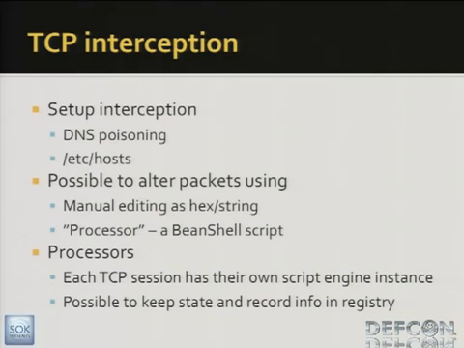You can write your own code in Java through the BeanShell integration, and basically each TCP session gets its own BeanShell interpreter. So you can keep state within a TCP session. If you collect some interesting data in the first two packets, you can keep it in a registry and pull it up in the 6th or 7th packet where you actually need it. The registry is basically just a hash map with a string key where you can store whatever data you want.